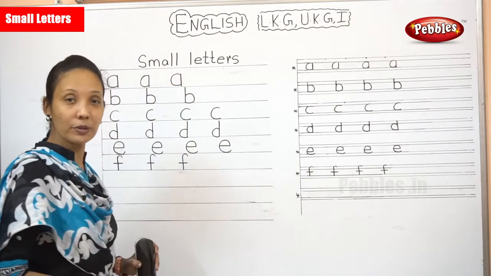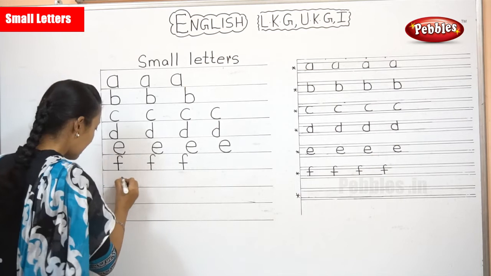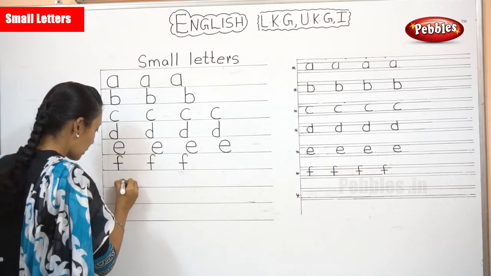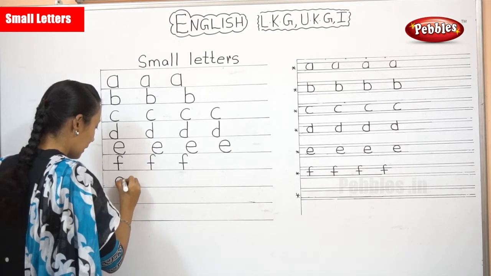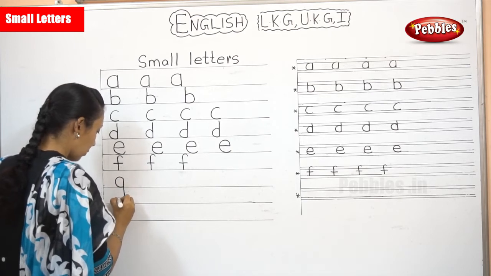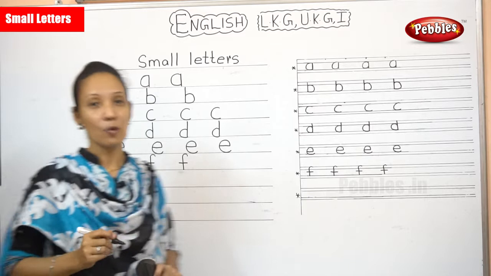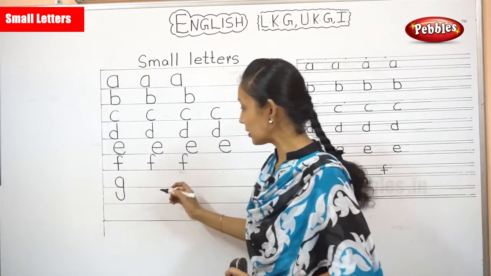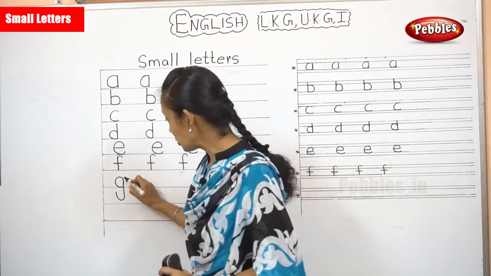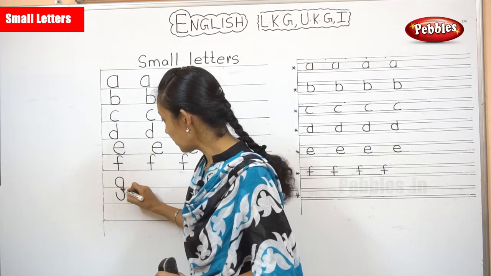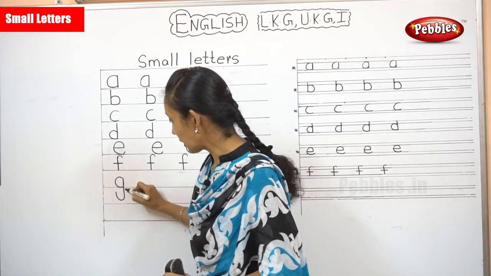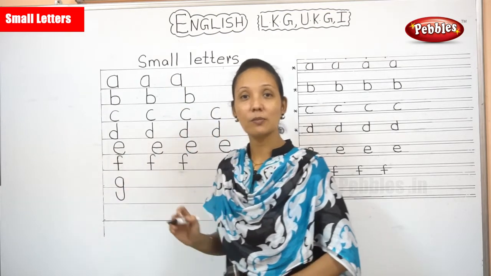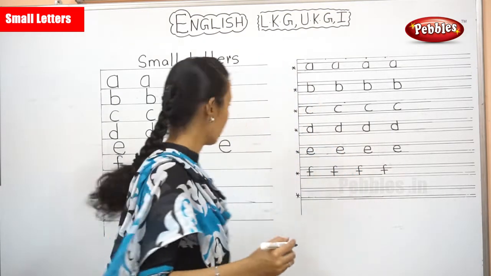What's your next alphabet? G. Now, in the same way, you will draw a curve, and come down. This is small letter G. You need to draw a curve and you come down. It's your small letter G. Okay.